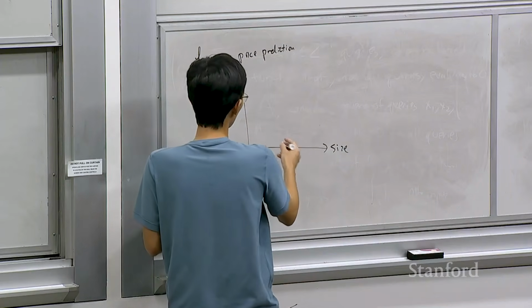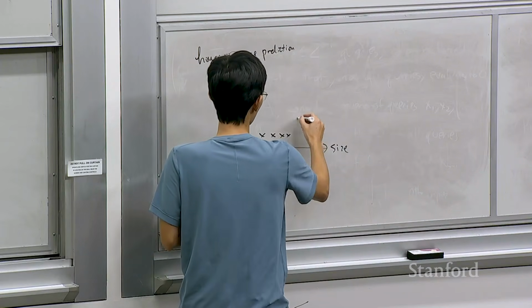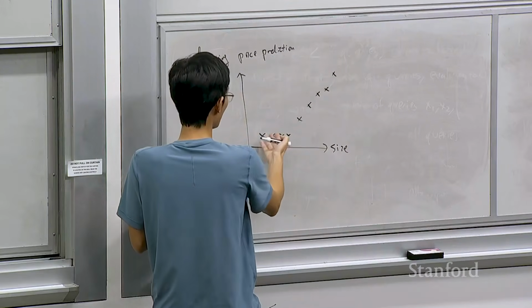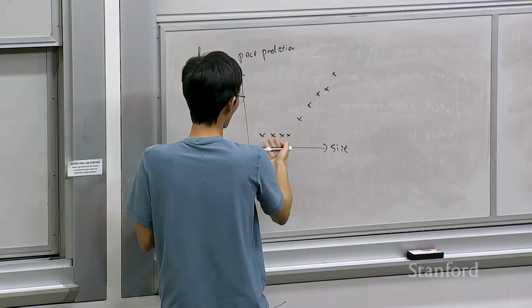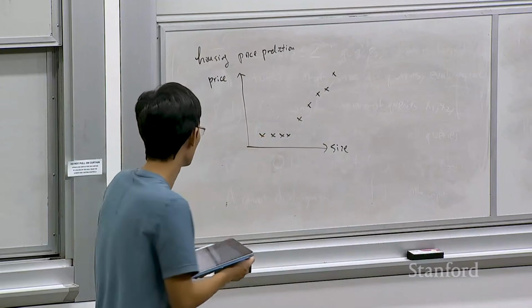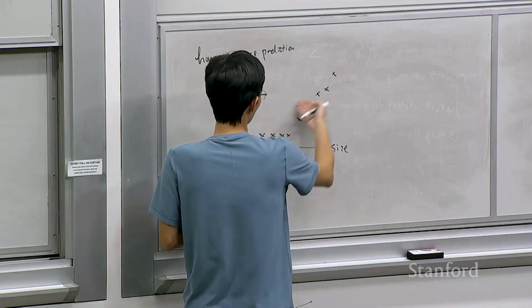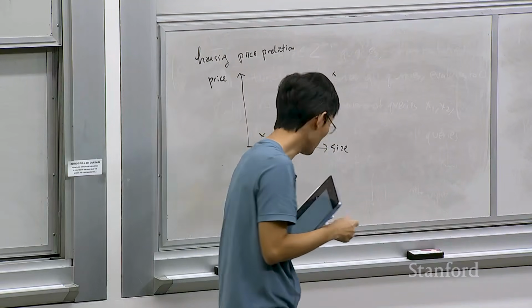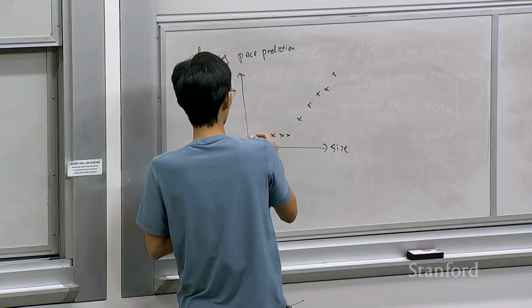So if you look at the real data, most likely it's something like this. Maybe I don't know exactly what it will look like, but at the beginning it doesn't increase that much as the size goes up, and then eventually it becomes linear. Let's say this is the case we will see in the data. So if you use a linear model, you're going to fit something here, then you're not going to be accurate enough. So that's why you probably have to have a nonlinear model, which is something like this.